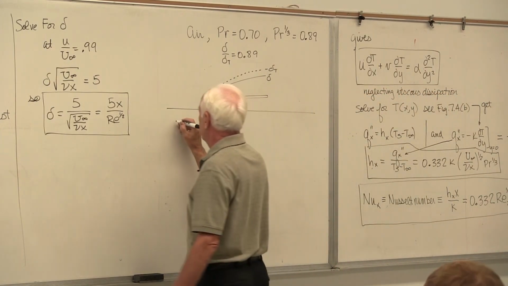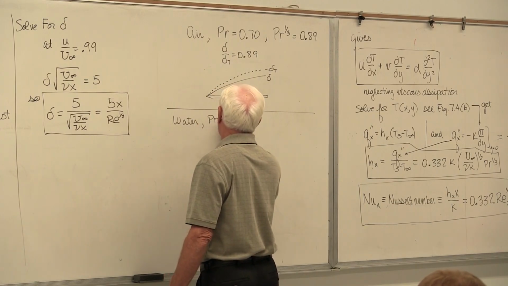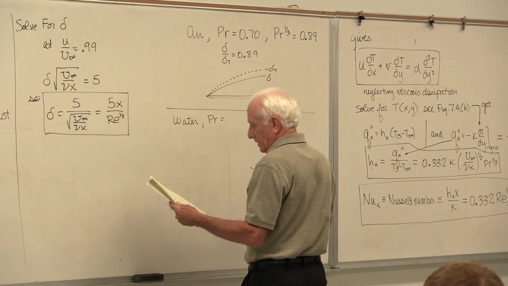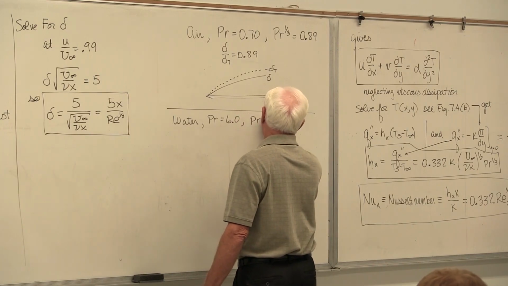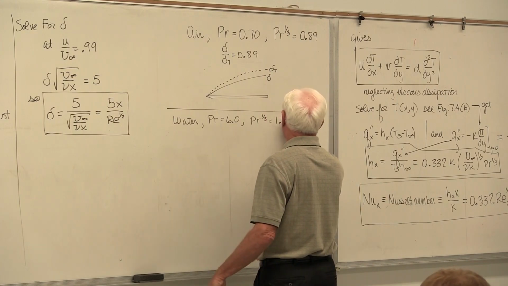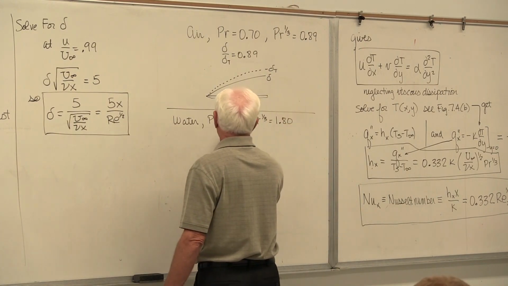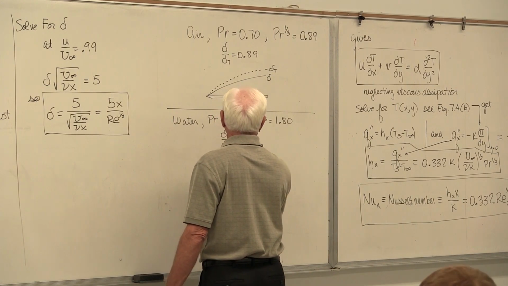Let's take another popular fluid, water. Prandtl number at normal conditions, around 6.0. Prandtl to the 1/3, 1.8. That means delta over delta T is 1.8.